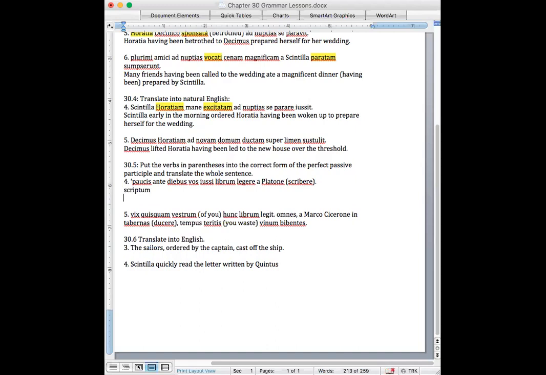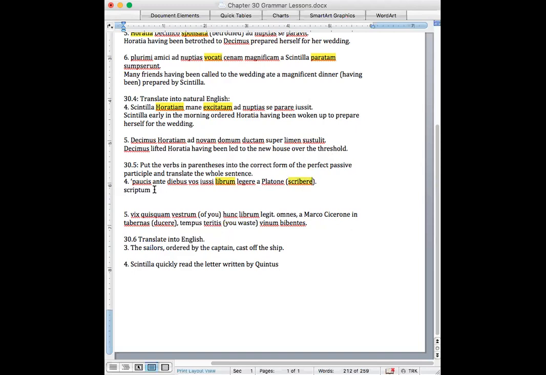So let's figure out what it's modifying. So after a few days, I ordered you to read a book having been written by Plato. So we've got book, the book having been written by Plato.